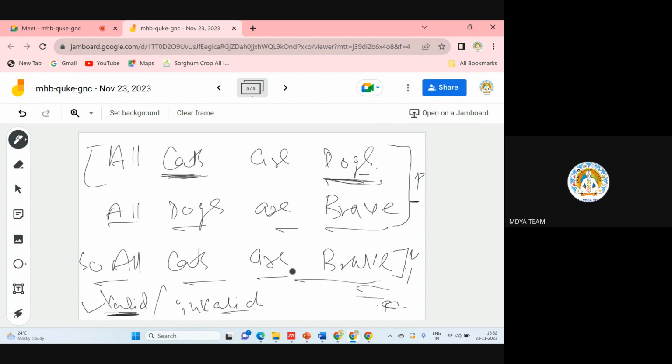Now if I change these, like some cats are dogs and some dogs are not brave, so all cats are not brave. If I give this type of example, then we will solve it with the help of a Venn diagram. Right now, to understand, I am just giving a simple example. Is this argument true or false?